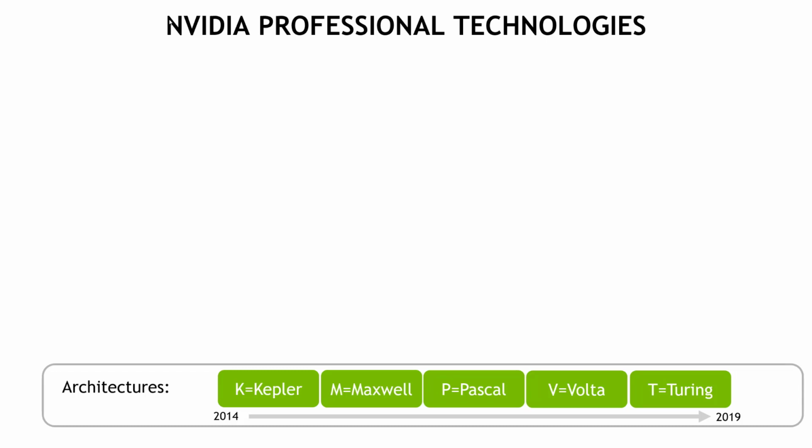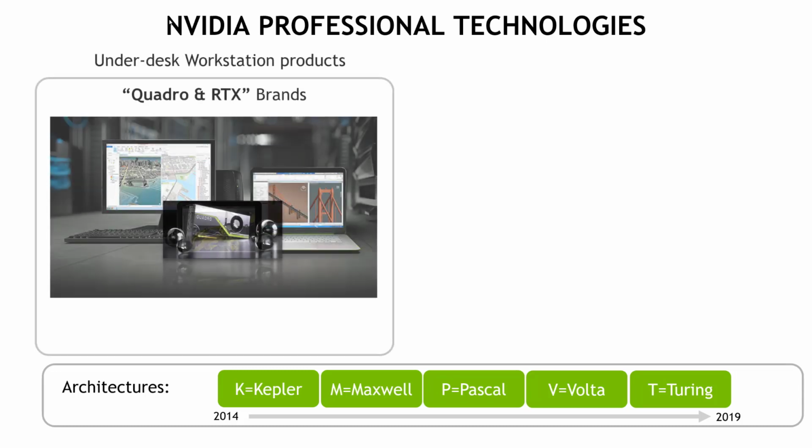We have Volta generation. We have V100, which was designed mainly around high performance computing and deep learning. And we have the latest architecture we have, the Turing architecture, which includes cards such as the RTX cards and the T4, which is our go-to card for general purpose virtualization right now.